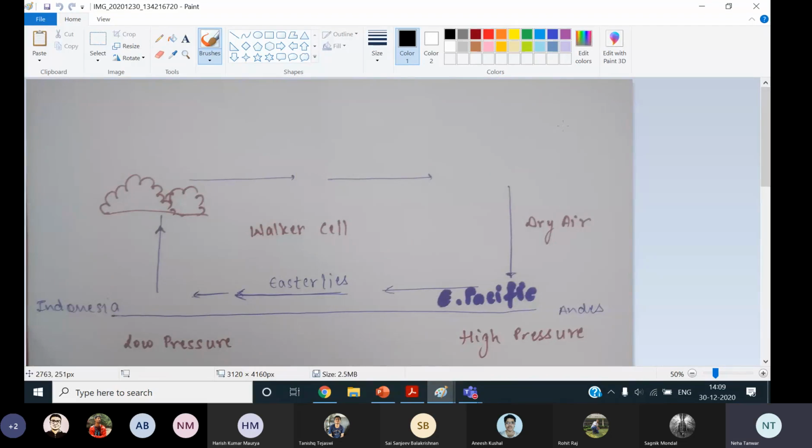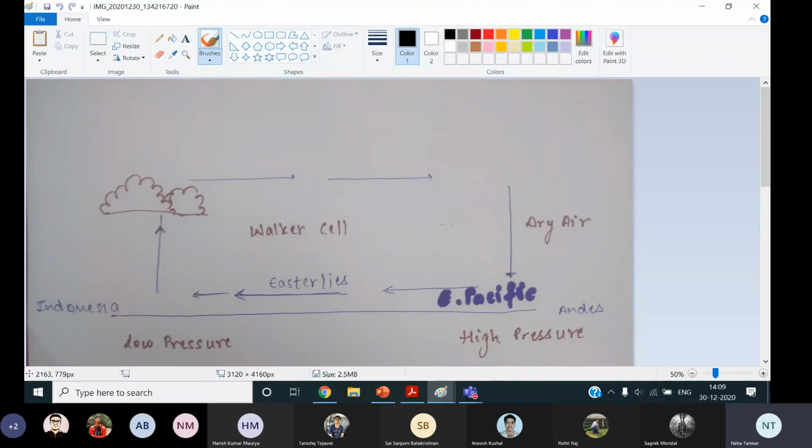Let's first talk about the atmospheric circulation in Pacific Ocean. This is the Andes side, the eastern equatorial Pacific side, and this is the Asian side, the Indonesian side, Western Pacific side. So as the warm water is piled up in the western side, what happens?